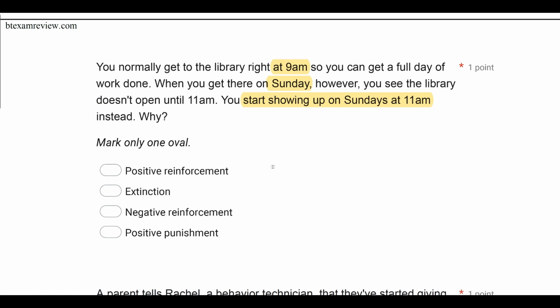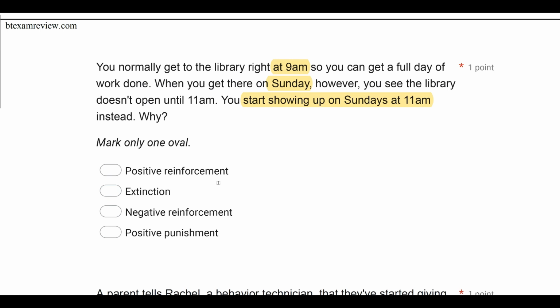You're not being negatively reinforced by showing up at 11 a.m. because the consequence is you get to go in the library, right? The library is now open. And you're not being punished here. Your behavior is on extinction at 9 a.m. because reinforcement is being withheld. And then your behavior is being positively reinforced at 11 a.m. on Sundays because when you show up at 11 a.m. on Sundays, you now get to go in the library.